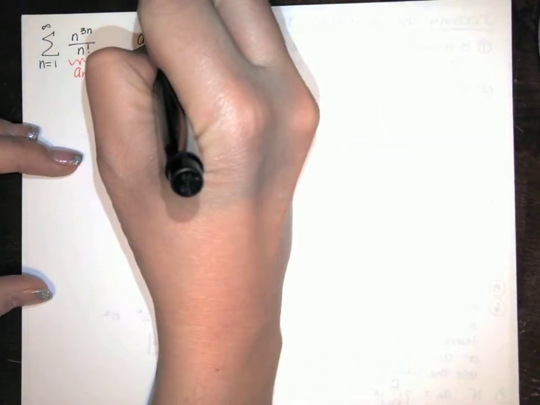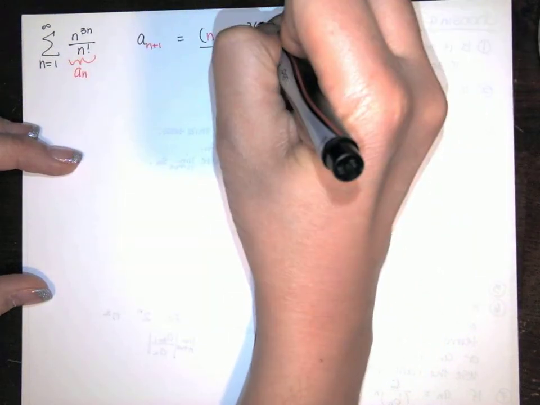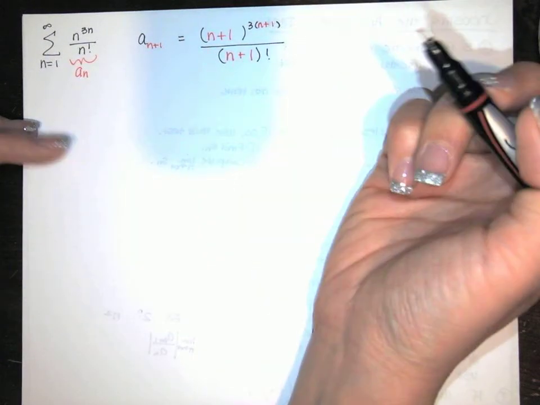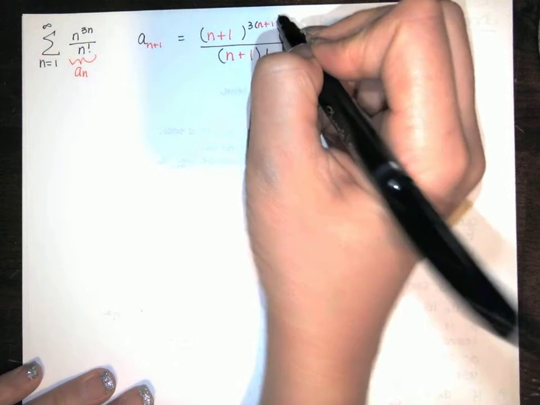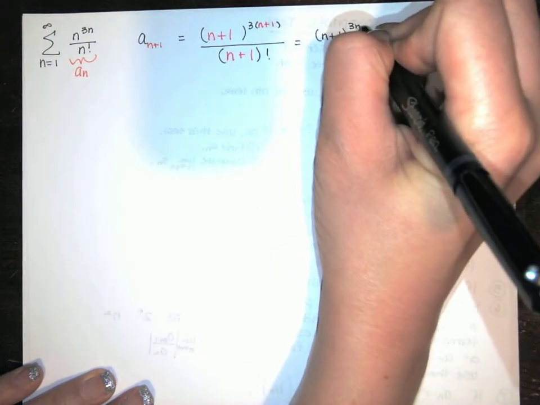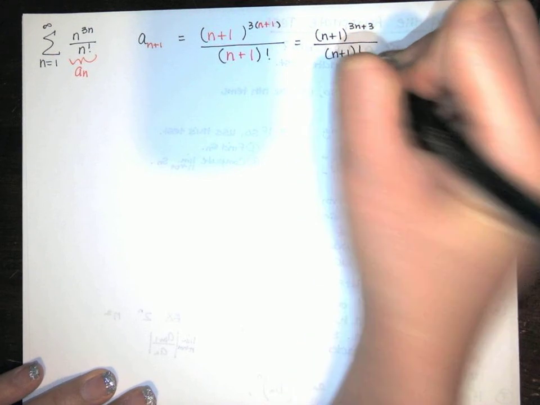So I have a sub n plus 1. This will be n plus 1 to the 3 times n plus 1, and in the denominator, we've got n plus 1 factorial. And of course, you could distribute that 3 in the exponent, so that's n plus 1 to the 3n plus 3, all divided by n plus 1 factorial.